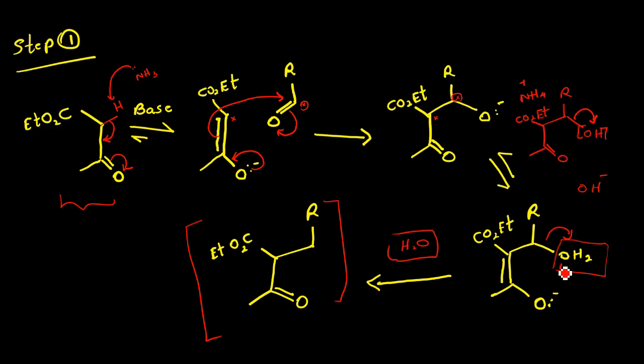So now here we have a positive charge. It's better if you can make this OH2 into a water molecule and then remove it, because this is much more possible. You will see this mechanism in some organic chemistry books as well.